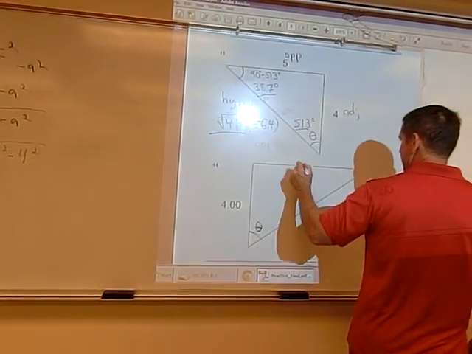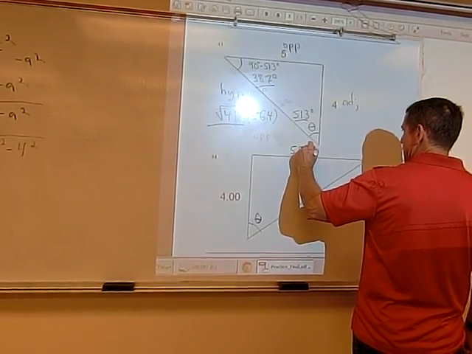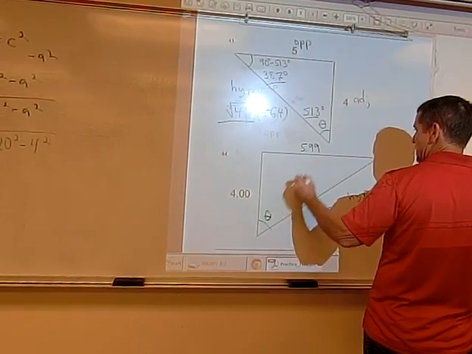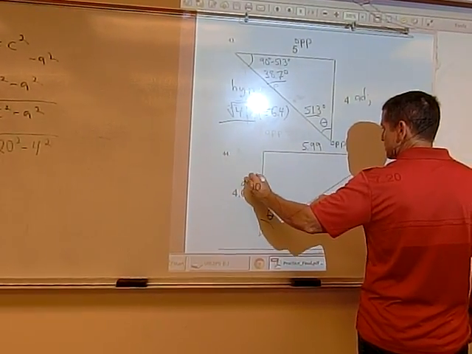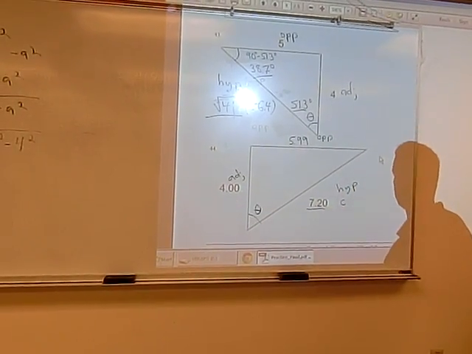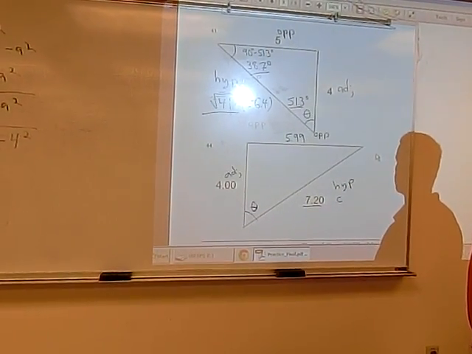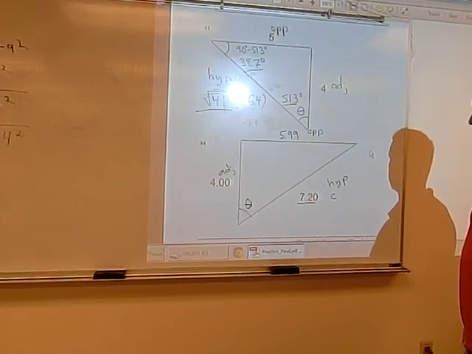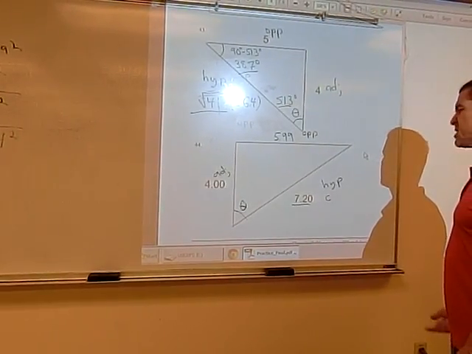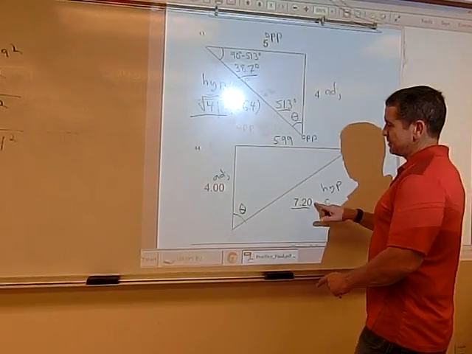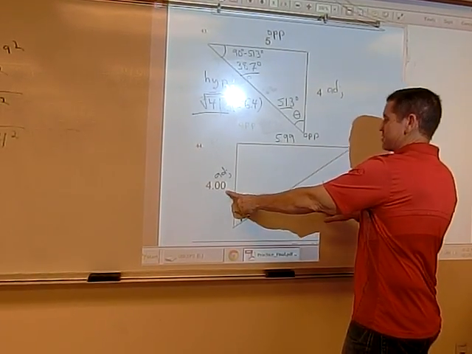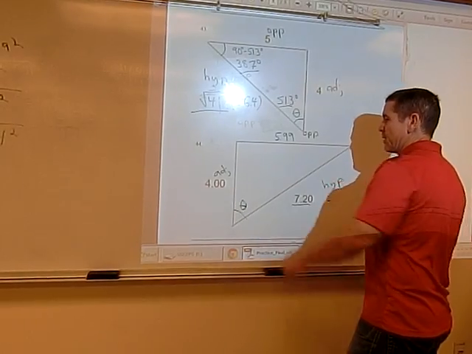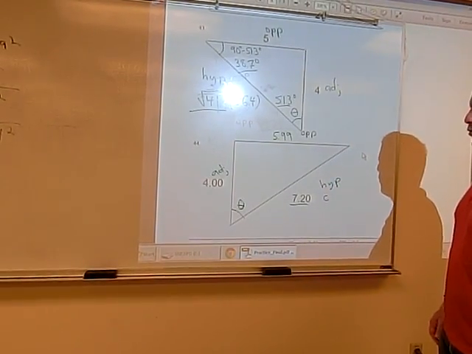So this side is 5.99, and if that's our angle, this guy is the opposite, and this guy is the adjacent. Now, what are we left with? We're left with just getting an angle. To get the angle, I always like to start with the information that was given. So I'll just use the 7.2 and the 4.